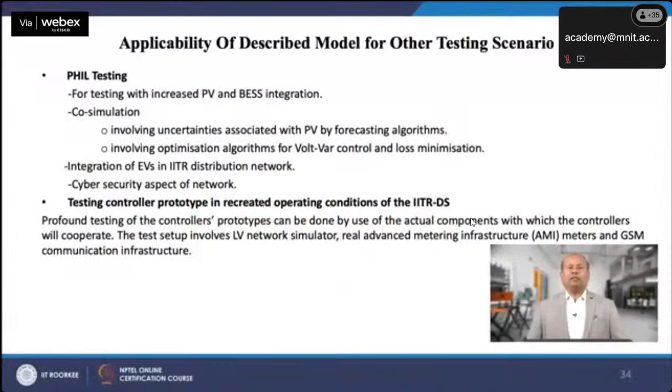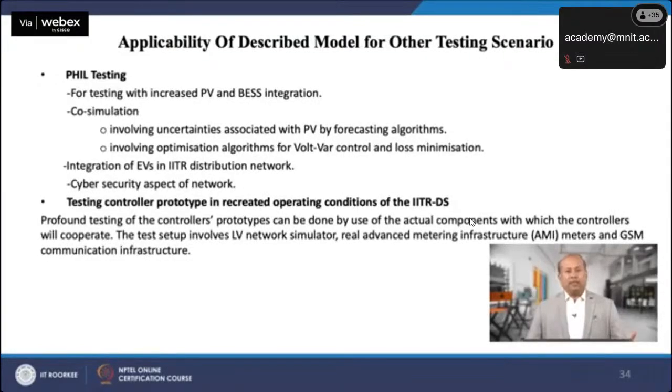The described model can also be used for other quite extensive testing scenarios such as PHIL testing for increased integration of PV and BSS, co-simulation involving uncertainties associated with PV by forecasting algorithms and optimization algorithms for volt-var control and loss minimization, integrating electric vehicles into the system, and incorporating cyber security aspects of the network.